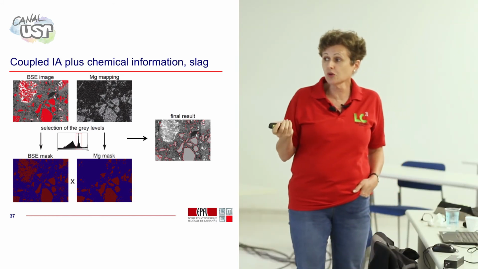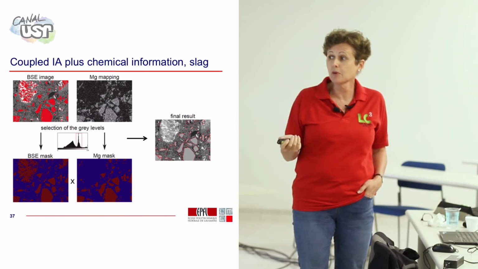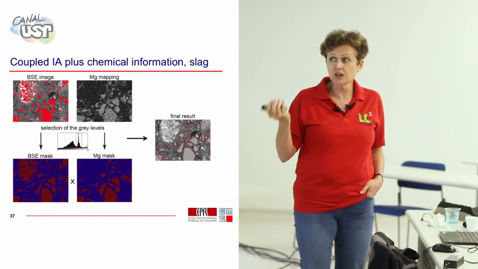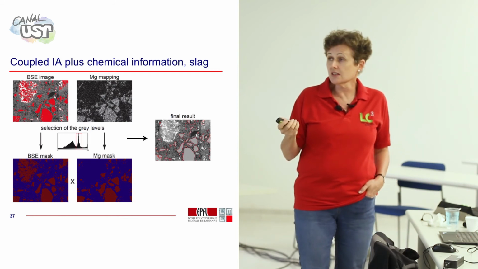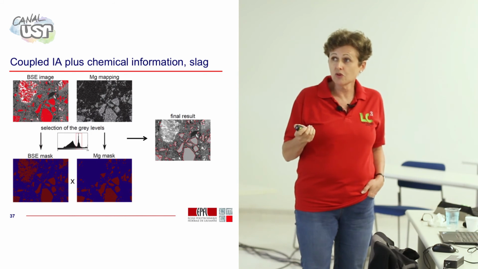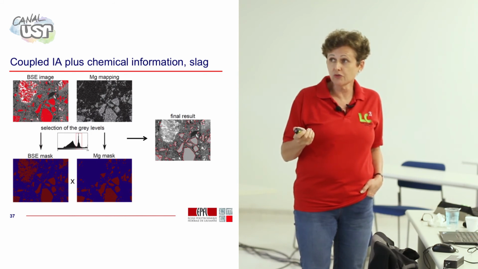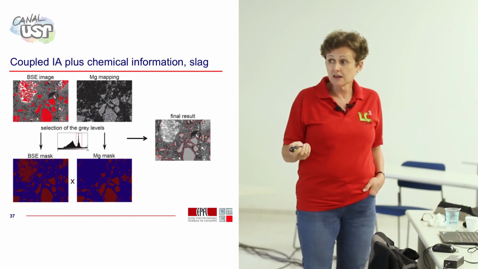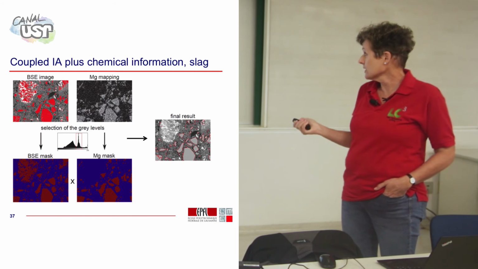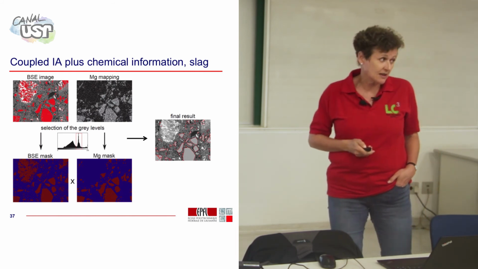And then you have to couple it with the magnesium map to differentiate between calcium hydroxide and slag. This is an example from a calcium aluminate cement with slag, and you see we've got this very complicated aluminate grain here with lots of different phases which overlap with the slag. But none of these contain magnesium, so we can use it to detect the slag very well, and this works pretty well.